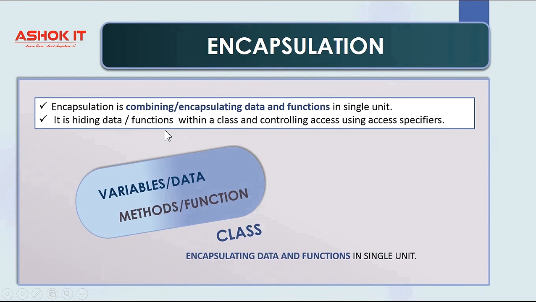We hide the data and functions, and we control access to them using access specifiers provided by Java. The variables and related methods are encapsulated in a single unit called a class, and by doing so we hide the data and functions from the outside world. For everything outside this class, this data and these functions are invisible unless permission is given to access them using access specifiers.